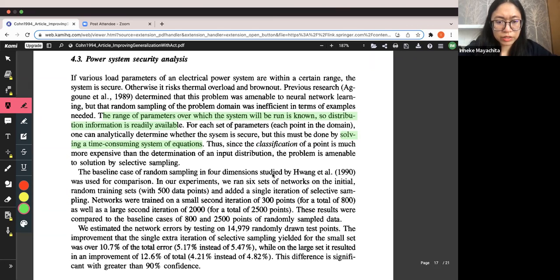Because they mention here the idea of in what cases this active learning, or I mean this selective sampling, is useful: when the cost of drawing the samples from the probability is lower than the cost of running the prediction.